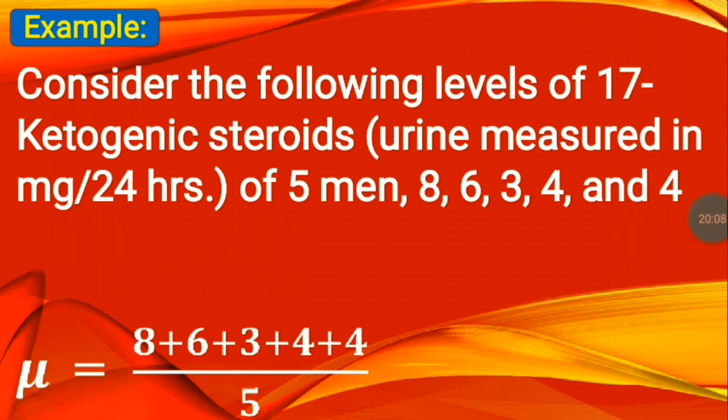Since it's population, we will be using the population mean. So we have the symbol for the population mean, that's mu. Again, that's the lowercase Greek letter which symbolizes the population mean. So we get 8 plus 6 plus 3 plus 4 plus 4 divided by 5. We get 25 divided by 5. Our population mean is 5.